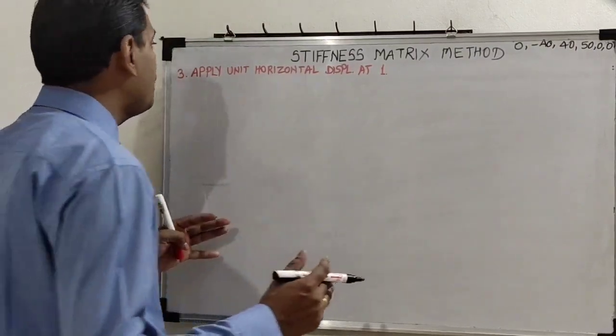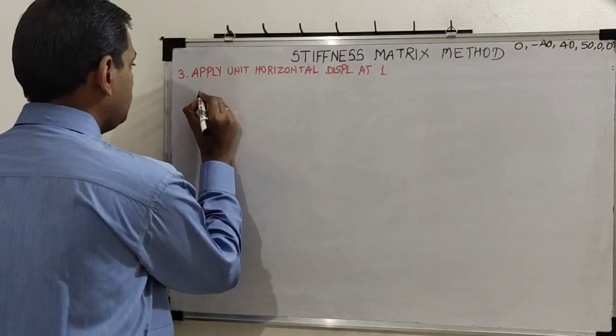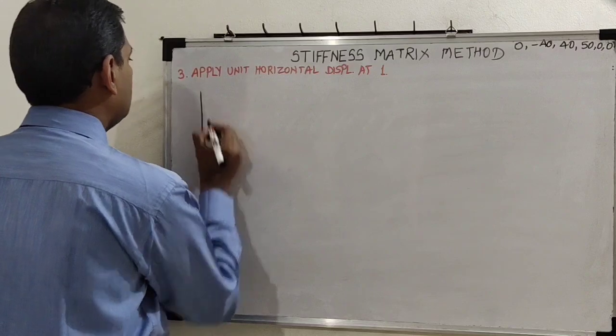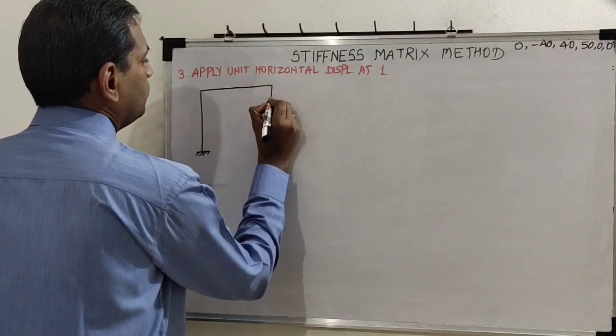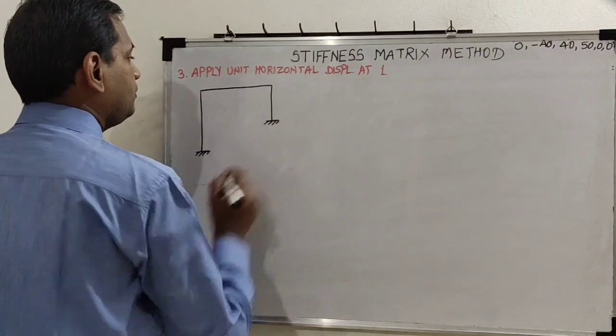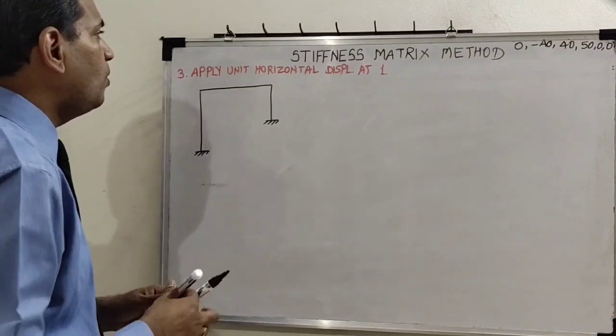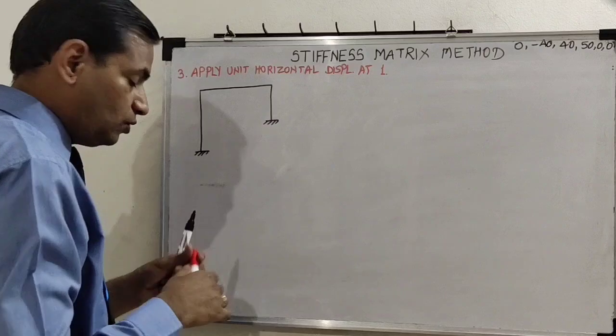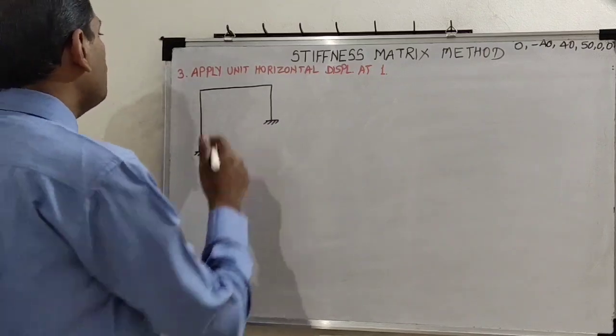We are removing external loading. If you apply horizontal displacement here, both the columns are going to undergo sway.